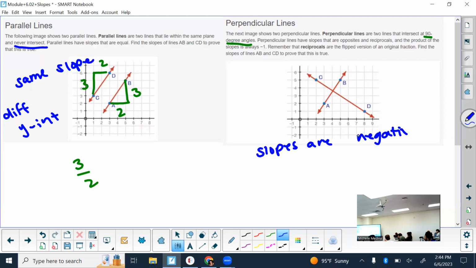So the sign will always be different, and they'll always be flipped. All right, so if it started out positive, it will become negative. If it started out negative, it will become positive. So they should always have opposite signs. So that's a big giveaway. And then of course be flipped. So yeah, because you could have two lines intersect and it not be perpendicular. Questions on that?